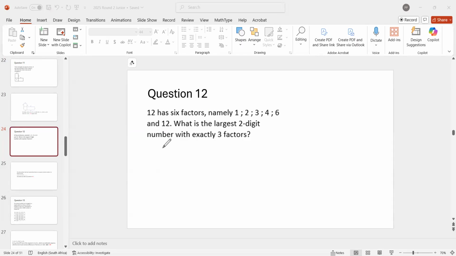Or if you've attended any of the other classes, I'm sure you've come across it. But the number of factors of n, if you write n as a product of prime powers, let's call it p1 to the a1, p2 to the power of a2. If you factorize it, every number can be factorized as products of primes.